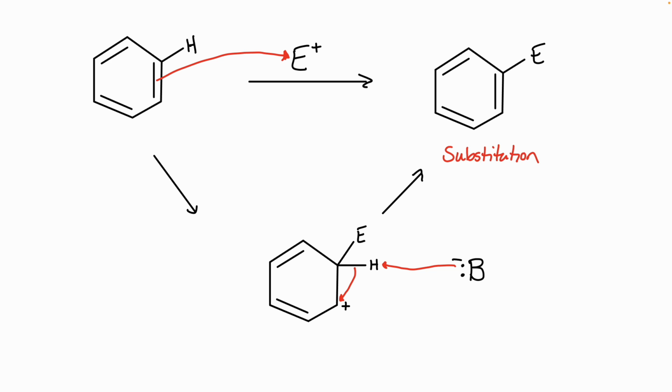All right, and so we can see we've replaced the hydrogen that used to be on that carbon with some electrophile here. All right, so all these reactions are going to have this same basic mechanism. Now let's take a look at a few specific electrophilic aromatic substitution reactions.